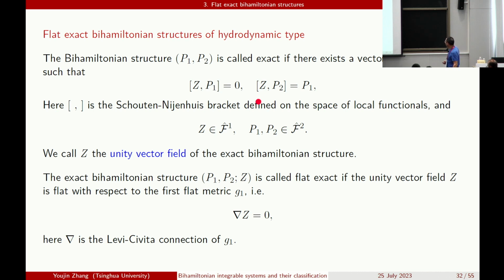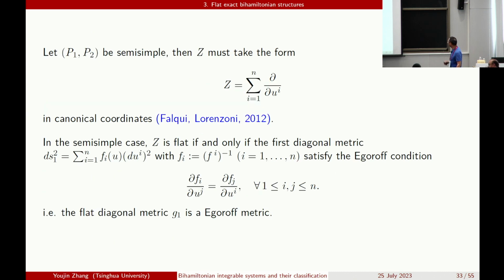And then we say that this exact Hamiltonian structure is so-called flat, meaning that this vector field C is flat with respect to this flat metric G1. So this is what we said, this class of so-called flat exact bihamiltonian structures of hydrodynamic type.